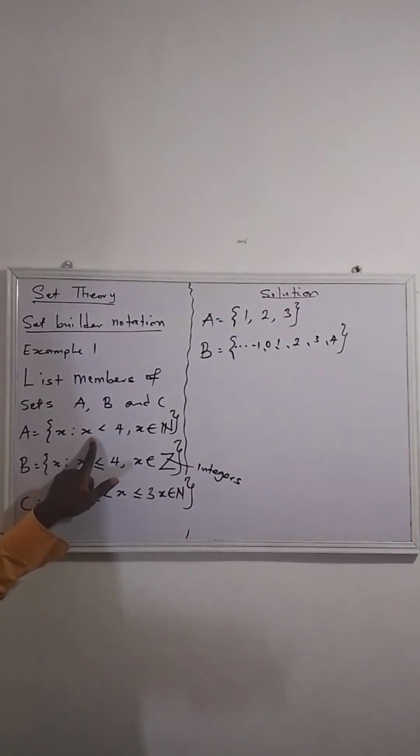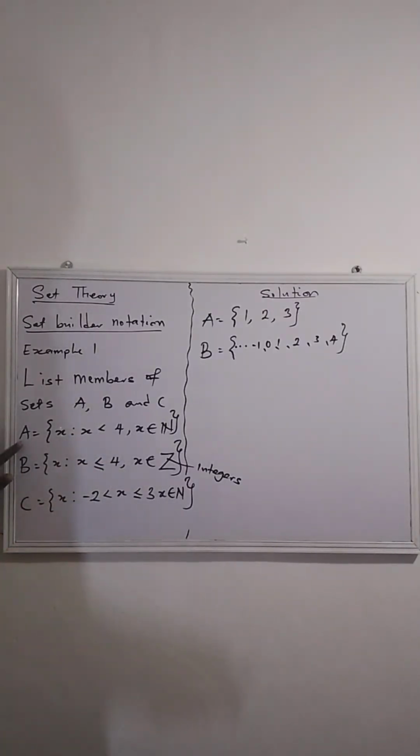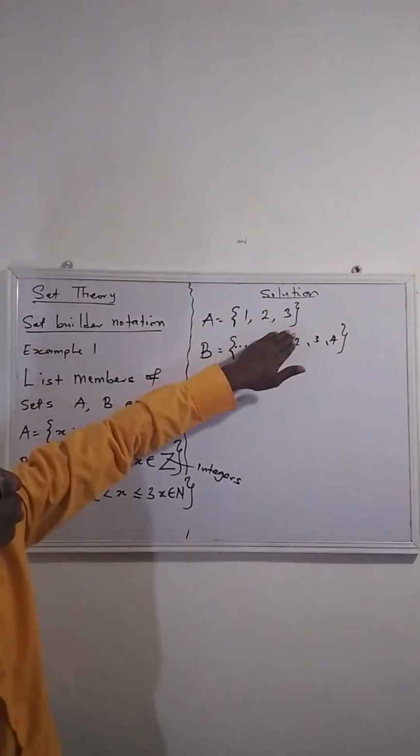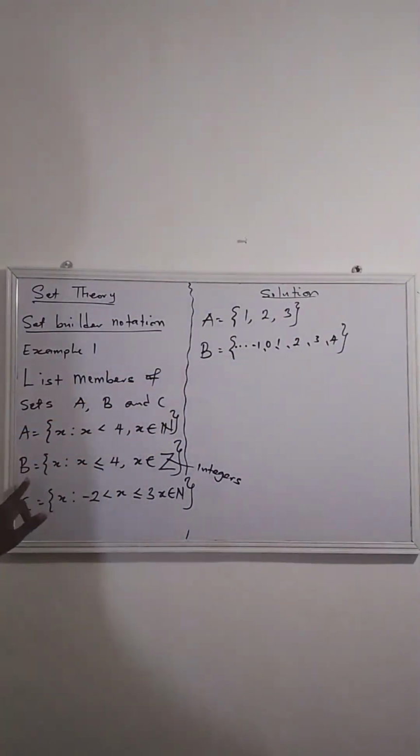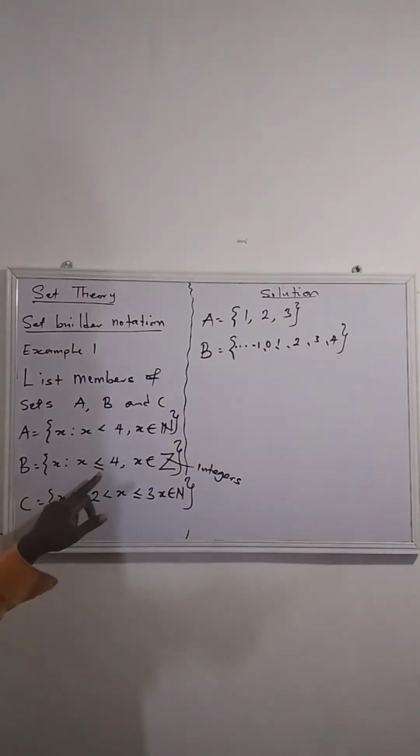Unlike this. Now can you see the difference between set A and set B? Set A is a set of natural numbers strictly less than 4. All of these are strictly less than 4. Now look at this second set. Set B is the set of x such that x is not only less than, but also equal to 4.